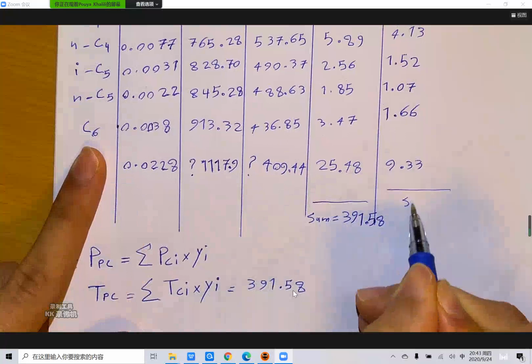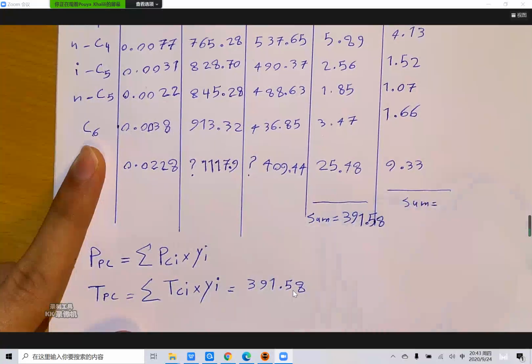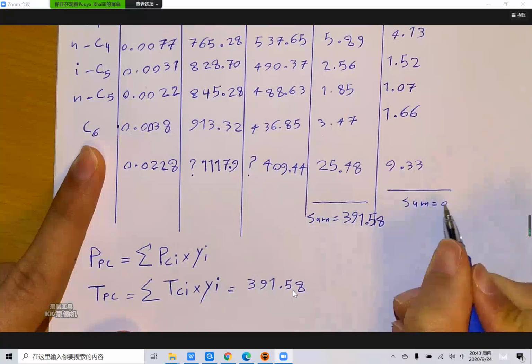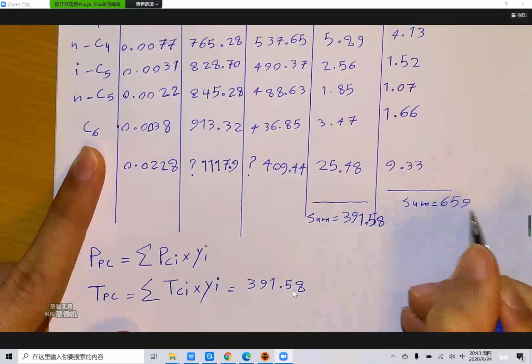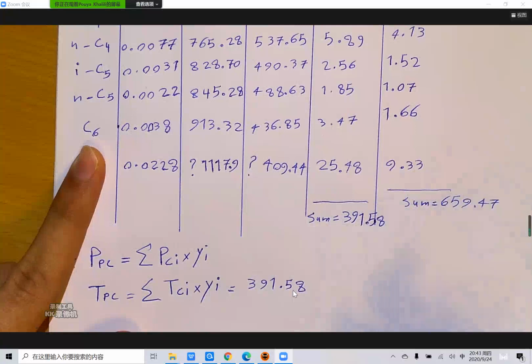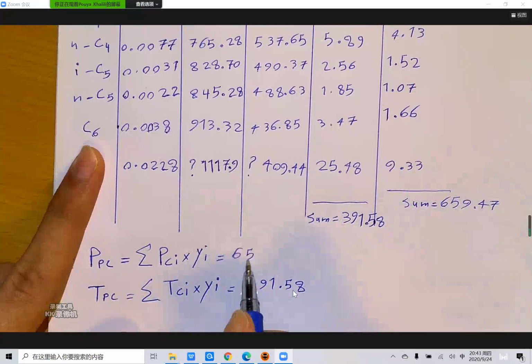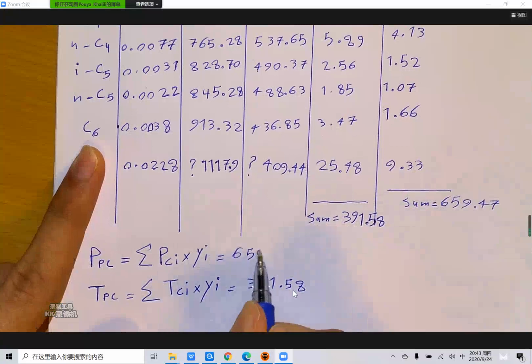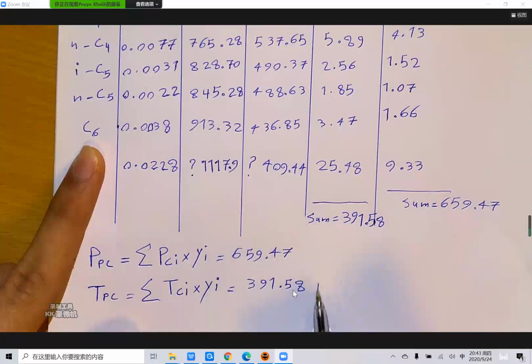Sum of this one, write it here. This is in Rankine. This one is psi.